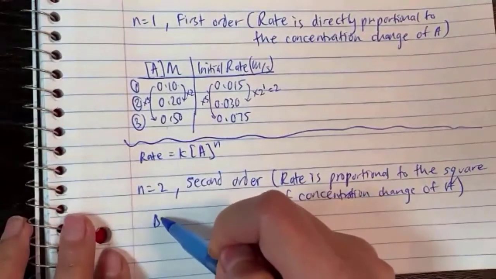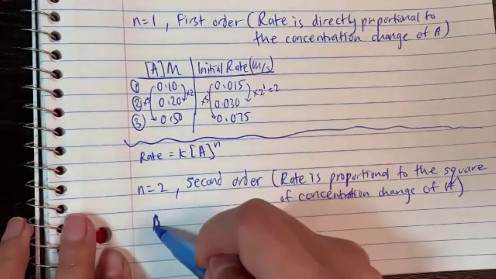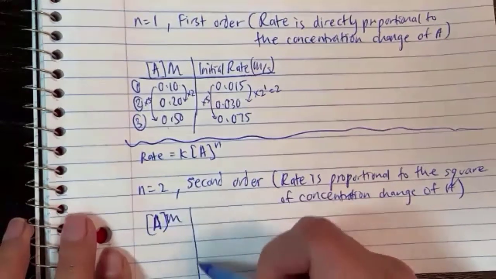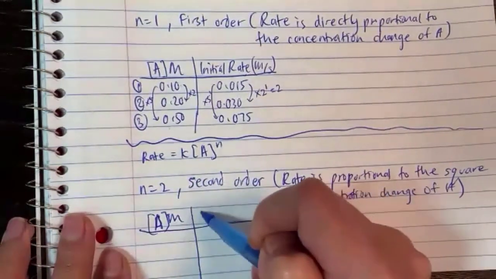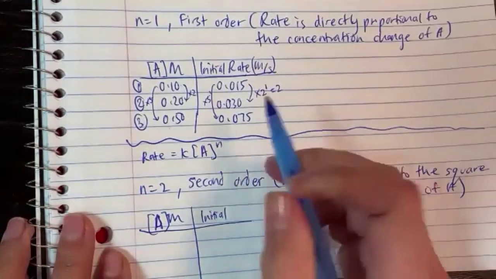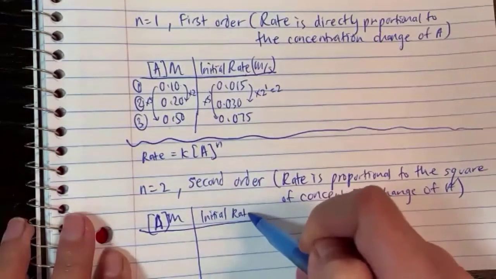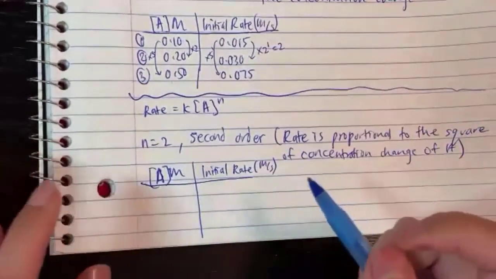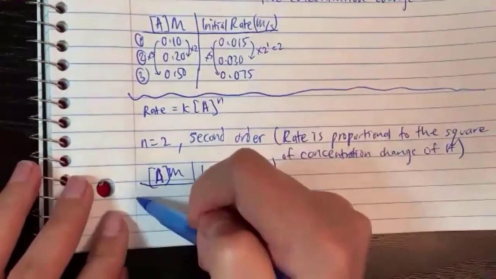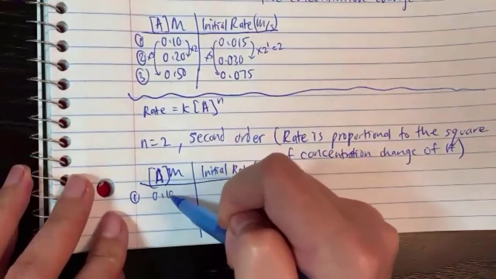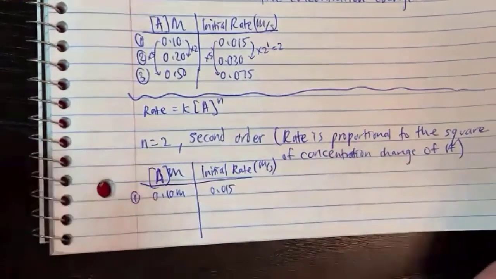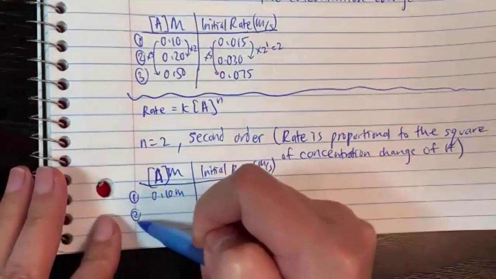And if I ever wanted to see it in a chart, what will we observe? It would always go up a lot more, okay? So let's say I start with 0.10 here, and then I get 0.015 here, just to show you a comparison.